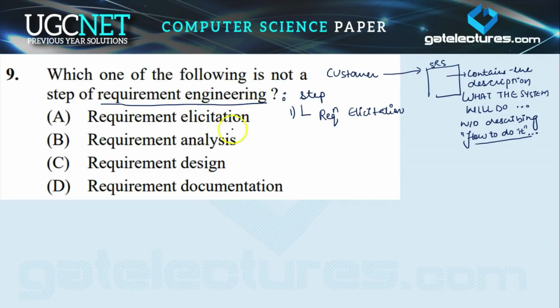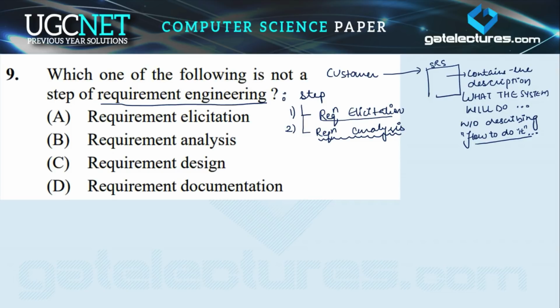So the next step is requirement analysis. This is the second step after requirement elicitation. At this step we gather all the information which is required to develop the software. Requirement analysis is the second most important, essential activity.